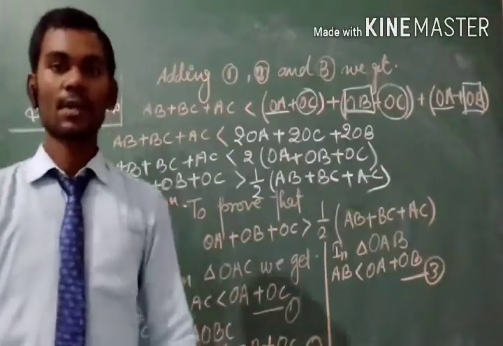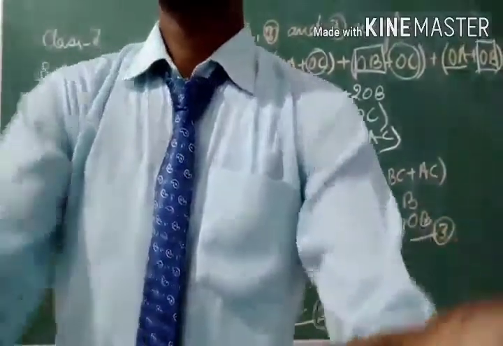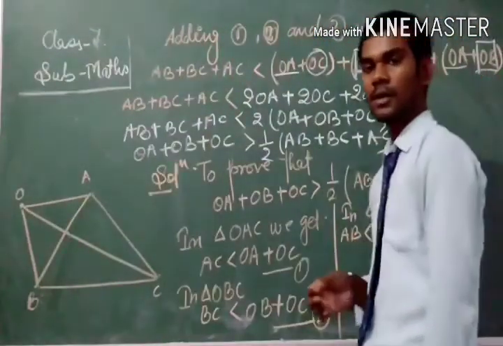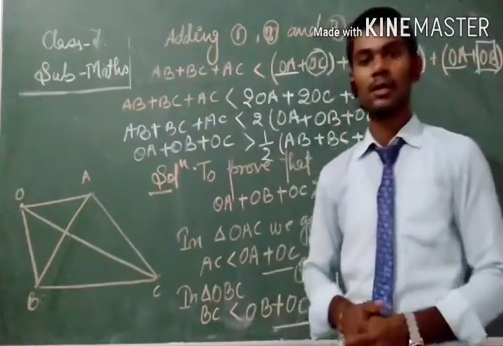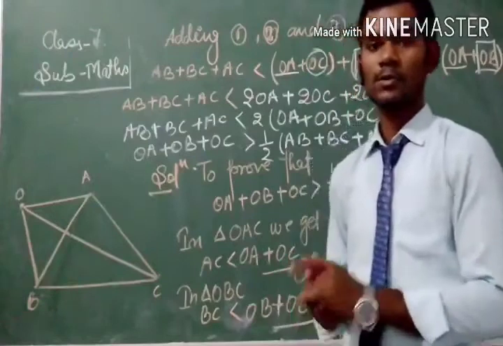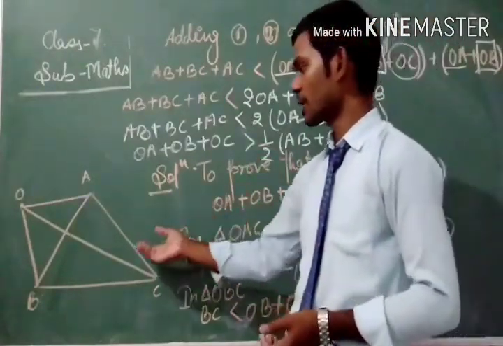So student, let's see once again. The question was, in a triangle ABC, there is a point O, and we join O with all vertices of the triangle.